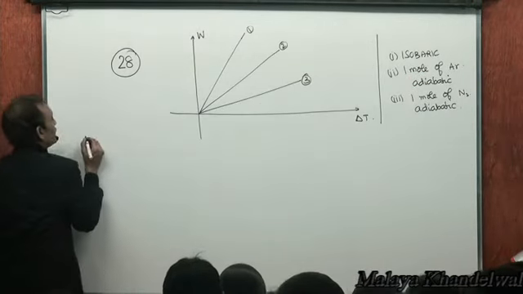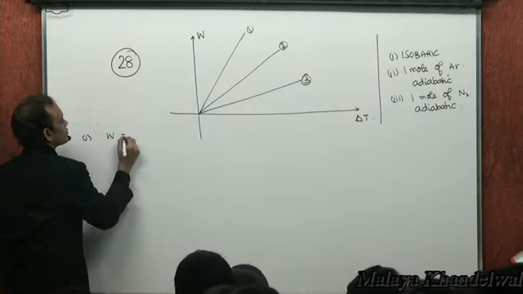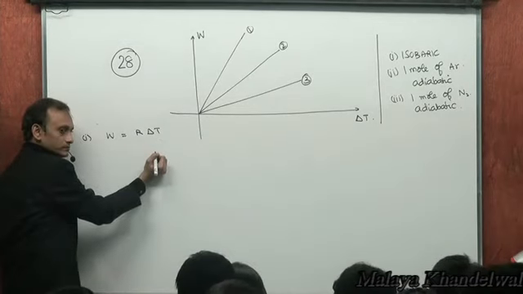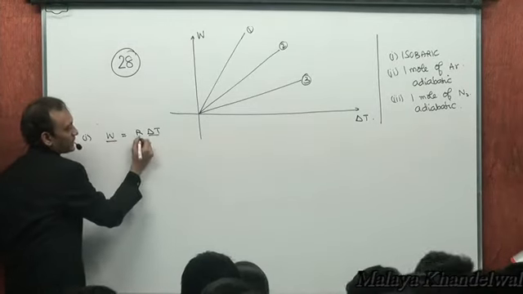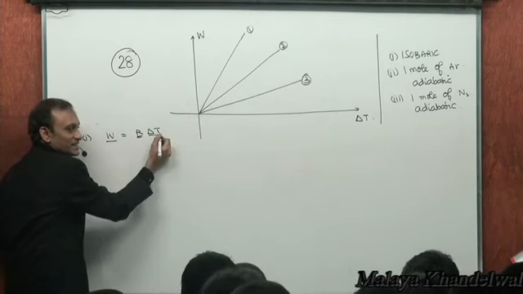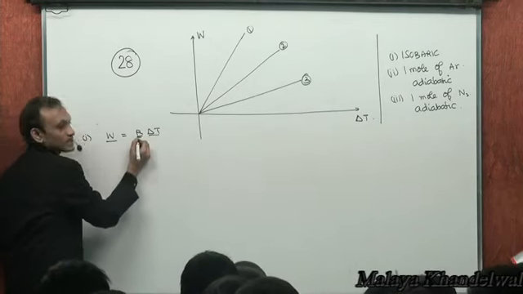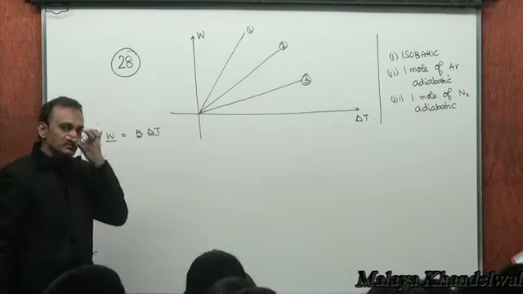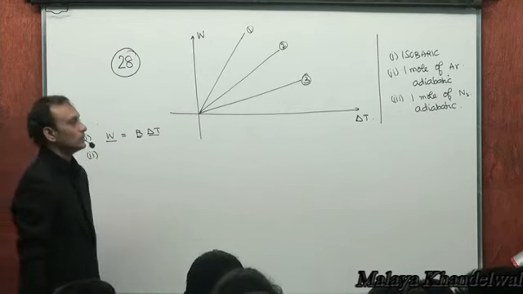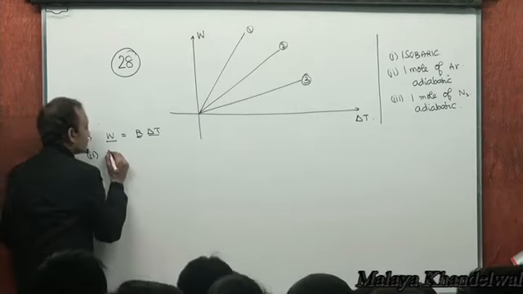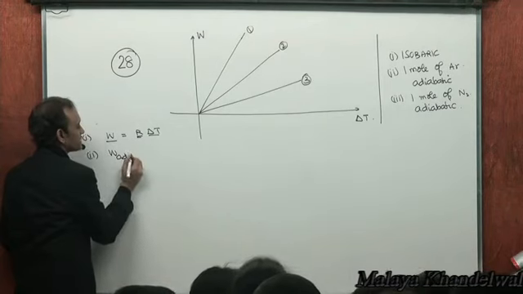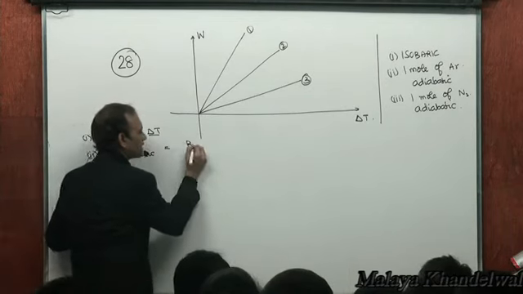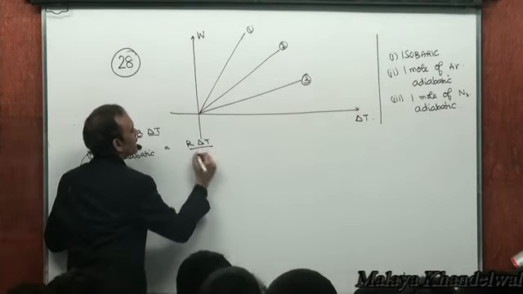Now, in an isobaric process, what's the work done? nR delta T, say 1 mole of the gas, R delta T. Work versus delta T would be a straight line with slope R. Two, the work done in an adiabatic process: the magnitude of the work done is R delta T by gamma minus 1.